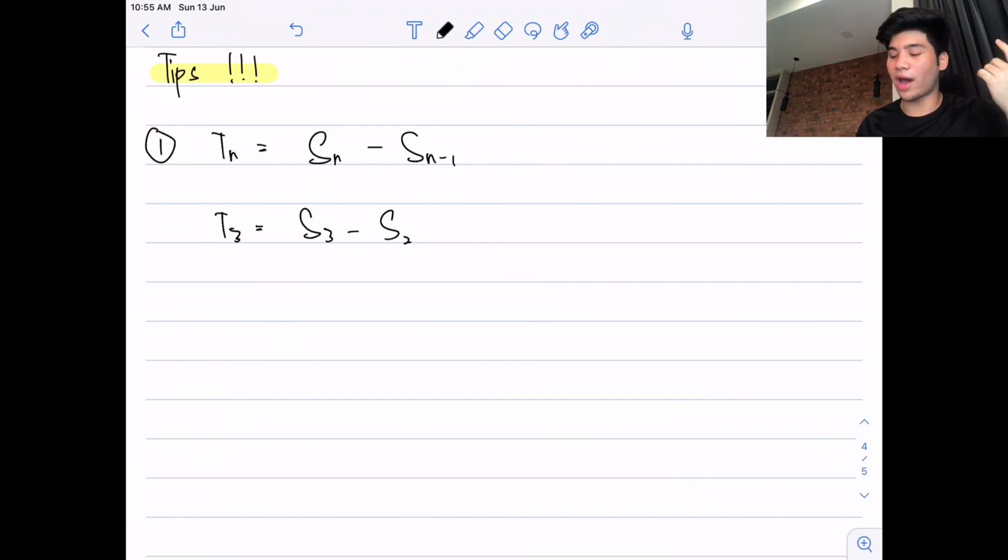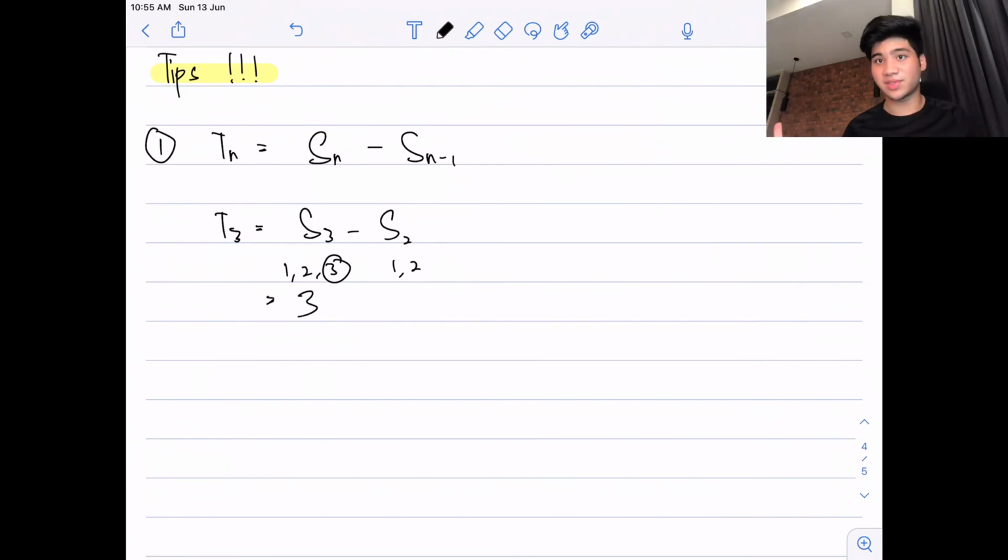And S2 would be 1 and 2, so it would be 3. So if we do the thinking, it's 6 minus 3. Logically, 1, 2, 3, and then this is 1, 2. Basically, you'd be left with the 3. So term 3 would be 3. Just like that. Some questions, I wouldn't say use this, but it could be used because sometimes they keep throwing you sums of values, but they don't give you any terms. So this could be an easy way to find that term.